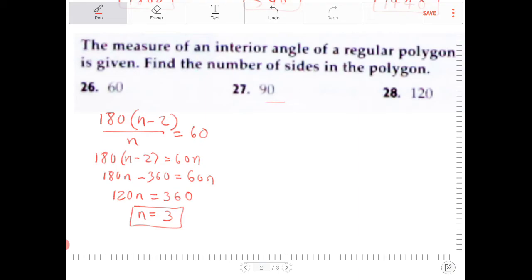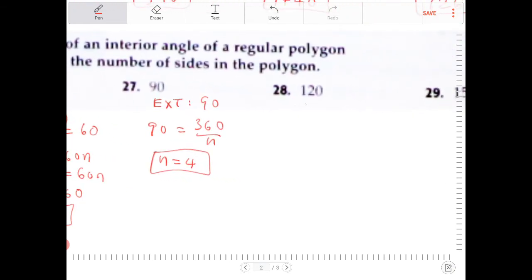The exterior angle is going to be 90 here, because 90 and 90 makes 180. So 90 is equal to 360 divided by n. n therefore has to be 4. I take 120. The exterior angle is going to be 60. So 60 is equal to 360 over n. So n is going to be 6.